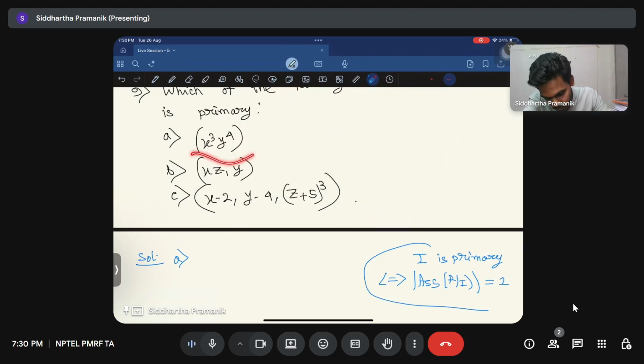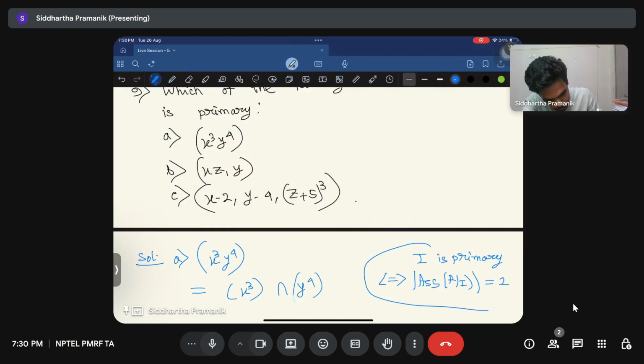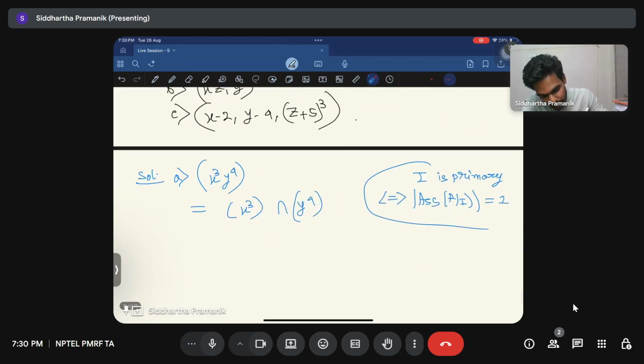So what about the first ideal? It is x cube y power 4. Now observe that this can be written as the ideal generated by x cube intersection y power 4. In fact, this is a primary decomposition.